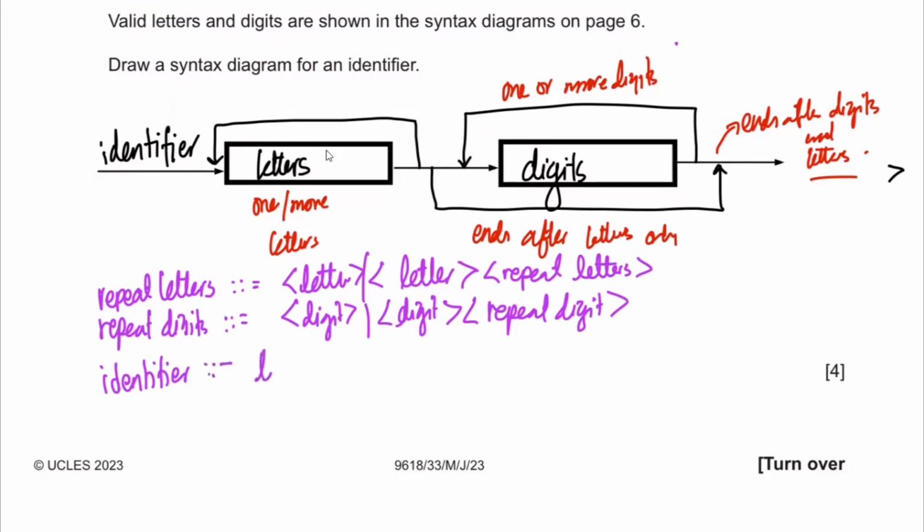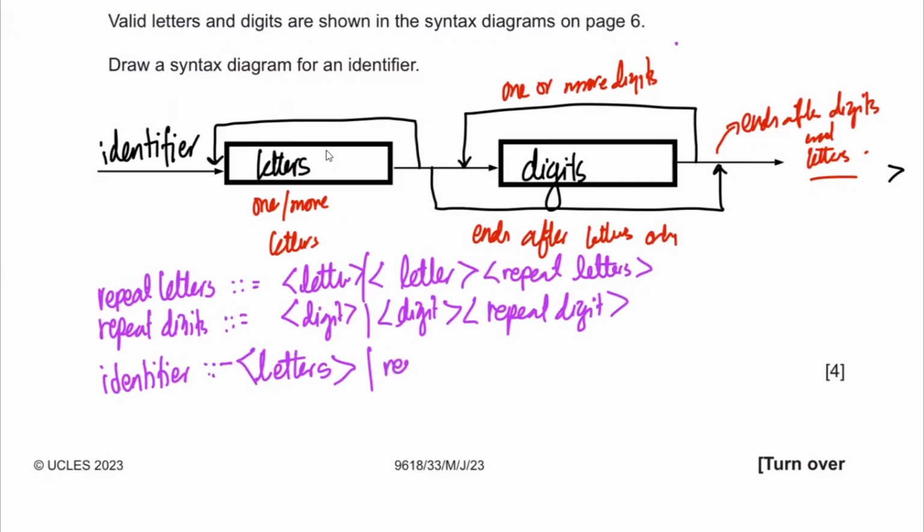It could just be a single letter, so letters, or it could be repeated number of letters and repeated number of digits.